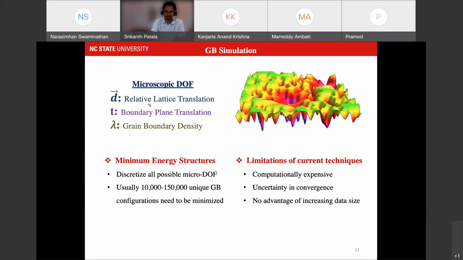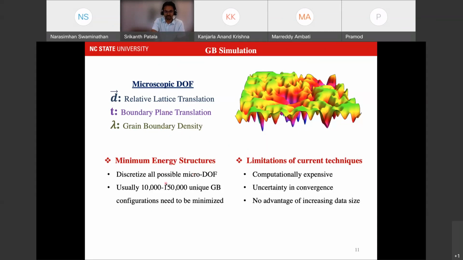We relatively translate one crystal with respect to the other. We move the boundary plane within the crystals. We also change the number of atoms right at the grain boundary. So that's the grain boundary density in terms of atoms. And this is usually how it's done.